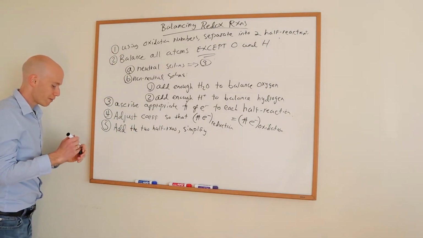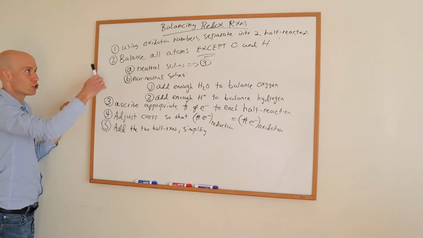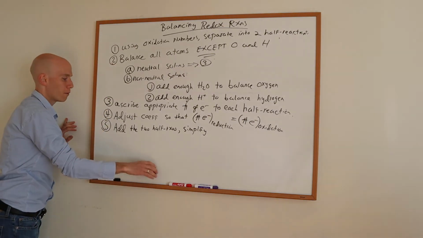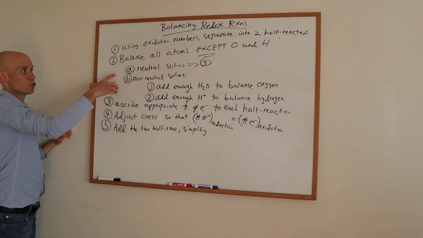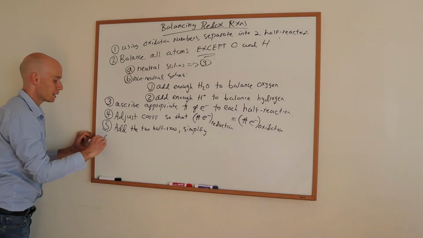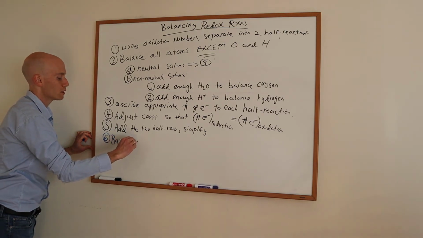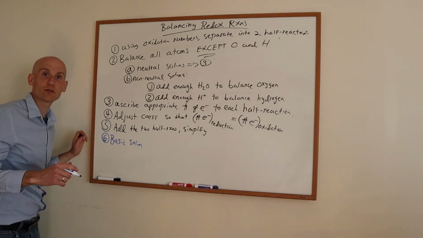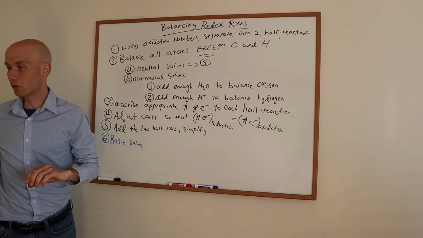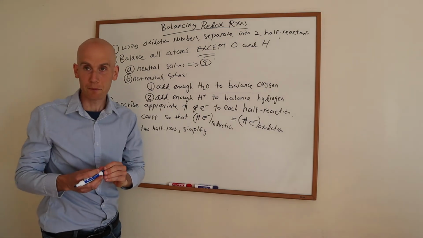So this is true for acidic and for neutral. If you have a basic solution, I'm going to add one more step. You don't need to do this for acidic solutions or for neutral solutions. You only have to do that for basic media only.